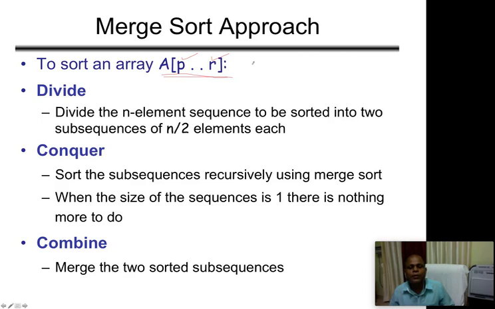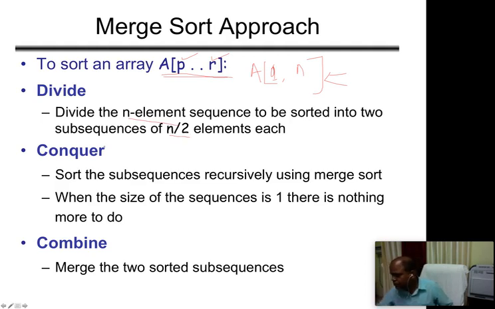At the beginning the array A will be indexed from 1 to n. If an array of size n is there, then you have to sort it. How will the divide and conquer approach apply here? The n element array is divided into two sub-arrays having size n by 2.